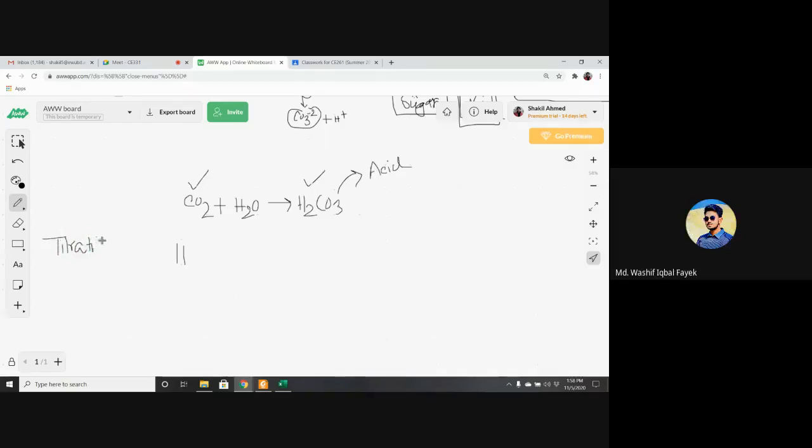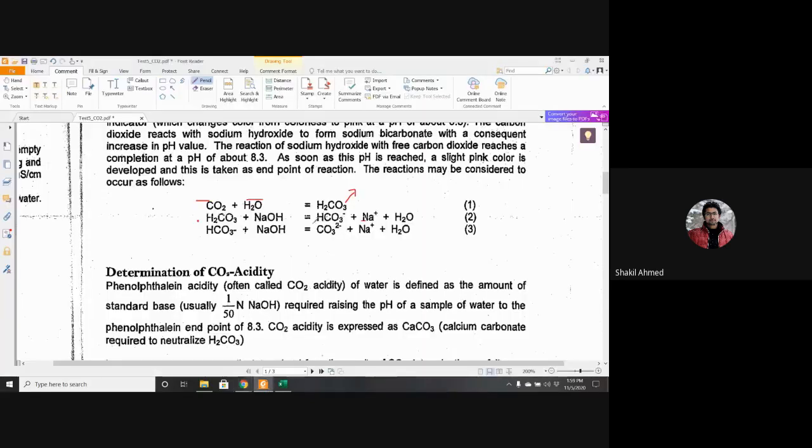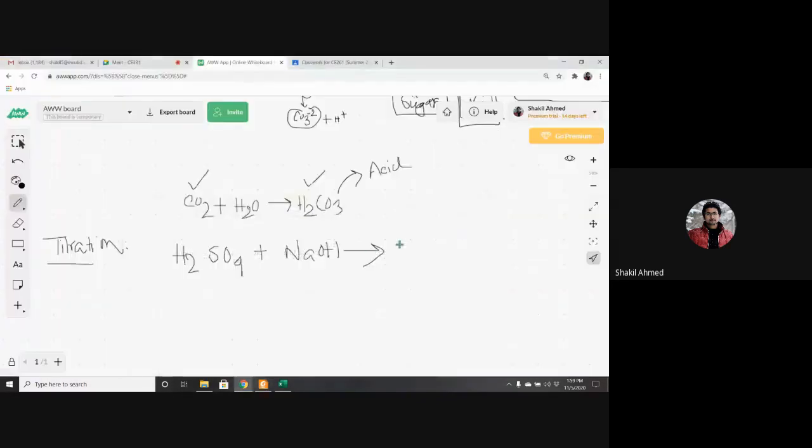Yes, sir. So titration of this acid with a base, for example sodium hydroxide, will produce sodium bicarbonate and water. I'm sorry, not H2SO4. This is H2CO3, right? Yes, sir. H2CO3, I mean this one.